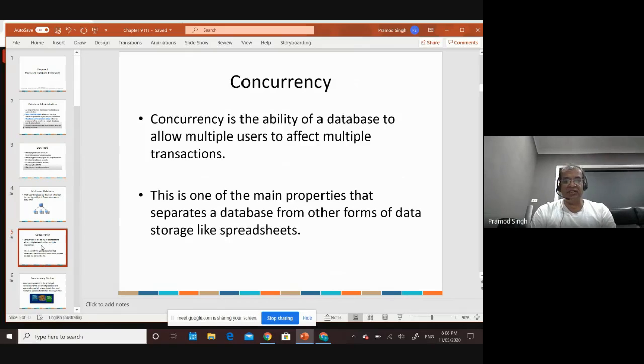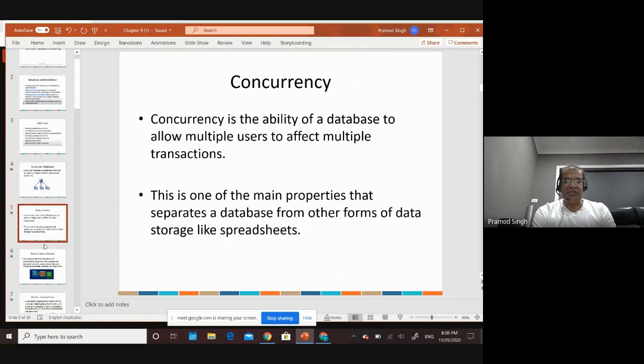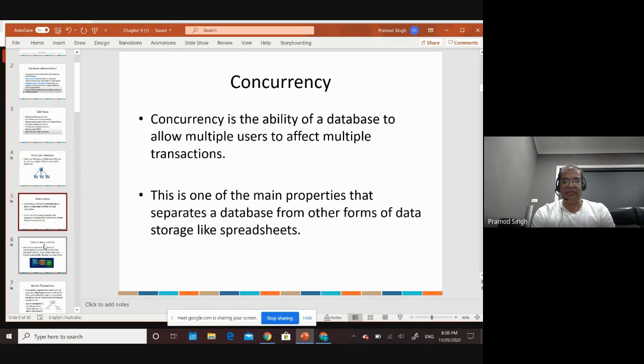Normal data storage, like flat files or spreadsheets, cannot provide that kind of concurrency facility. You can't use them for multiple processes at the same time. That's the big difference between a database management system and flat files.